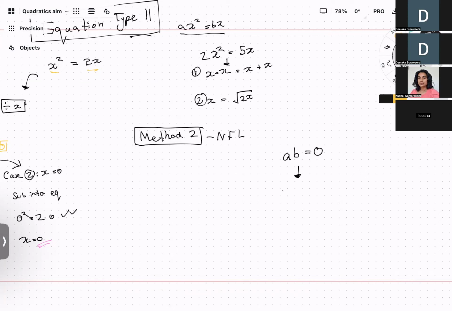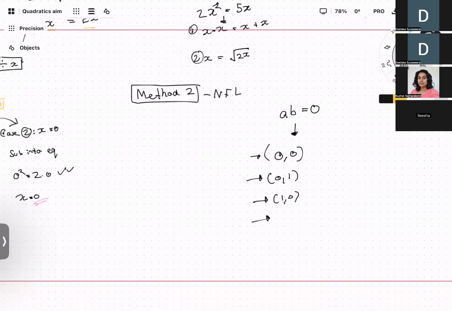A 0. Both of them could be 0. So 0, 0 is the solution. What's another solution? 0, 1. 1, 0. What else? Can I go like 100, 0? Yeah.